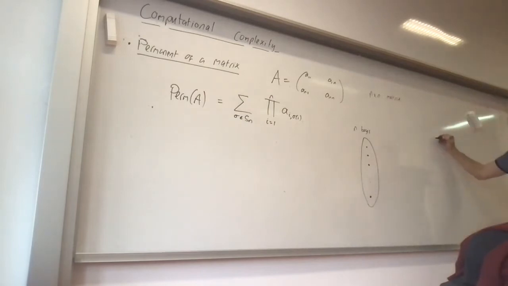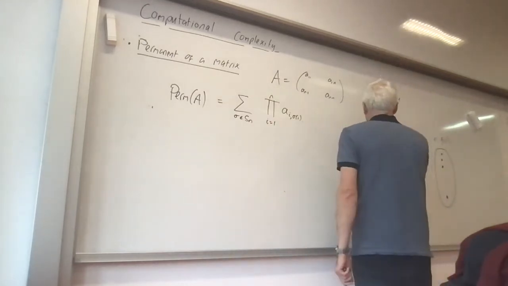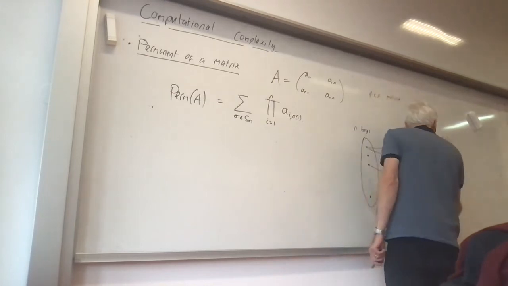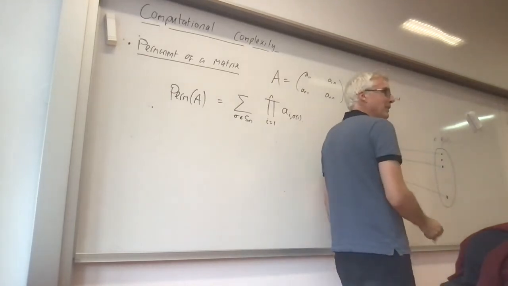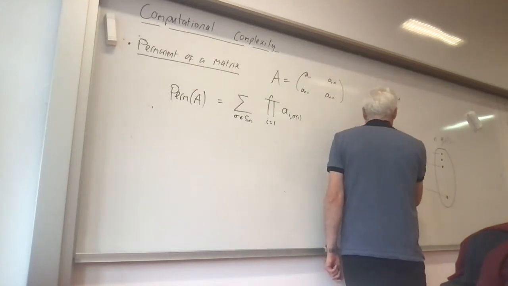And here are n girls. This is all very traditional, this way of explaining it, but anyway, let's be traditional for now. We've got n girls here, and there's some set of connections between them. If there's a connection, it means they could tolerate each other or something. Or you might want to be more positive, they like each other. You might have one person connected to more than one.